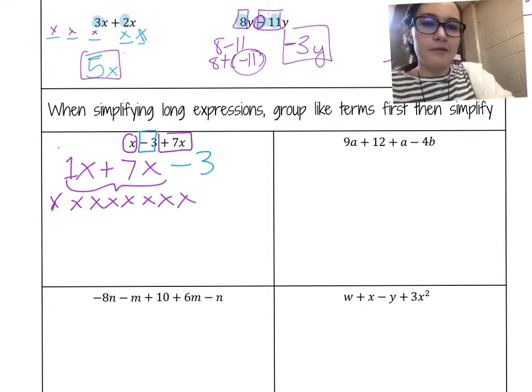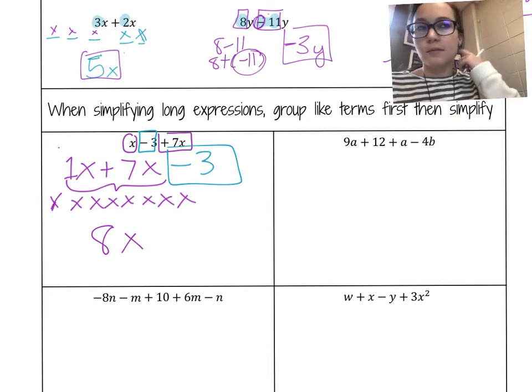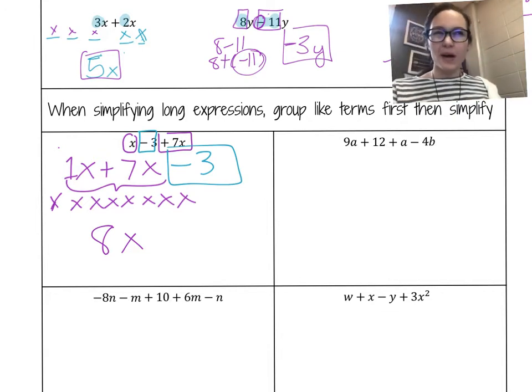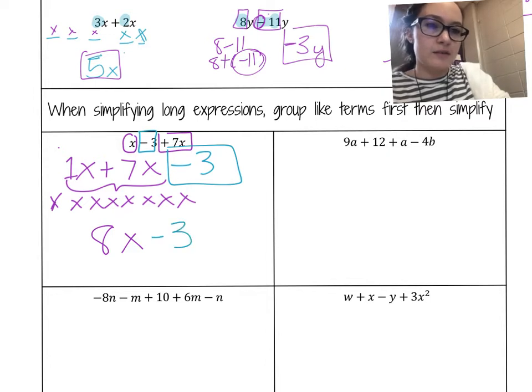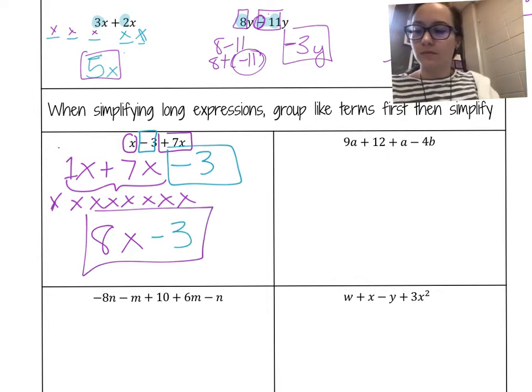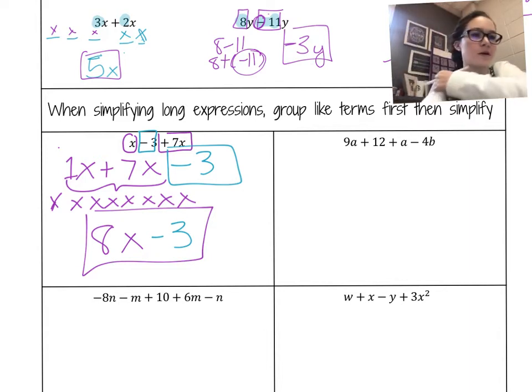I would have 1, 2, 3, 4, 5, 6, 7, 8 total x's. So I'm going to represent that with 8x. And then minus 3, there's no other number without a variable, so we're just going to tack it on at the end. So this is 8x minus 3. Okay.